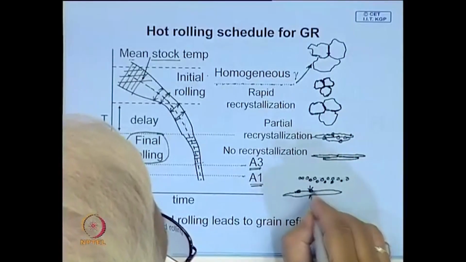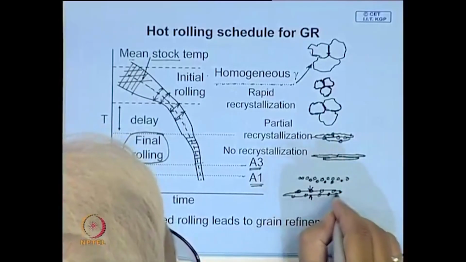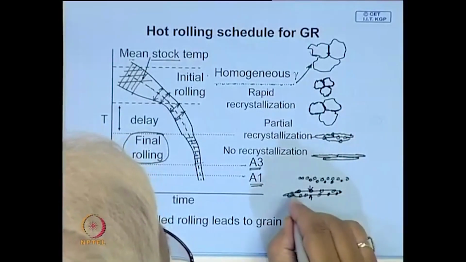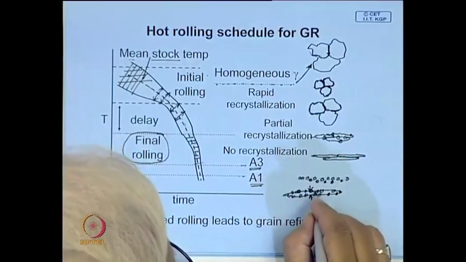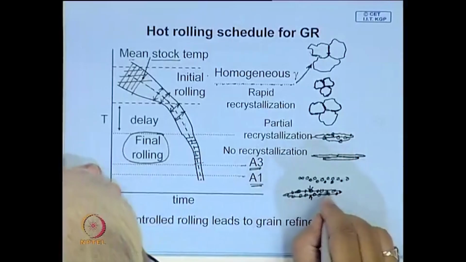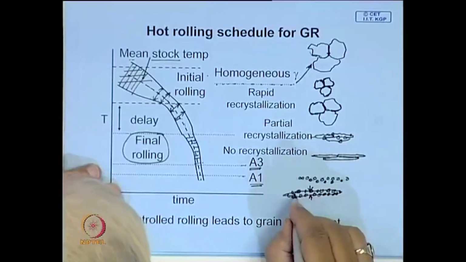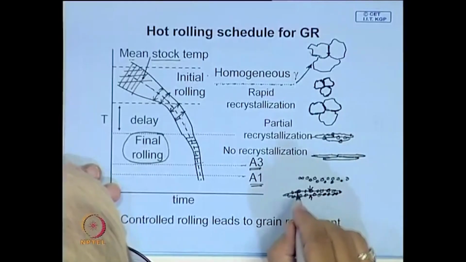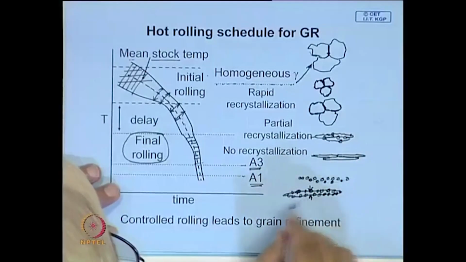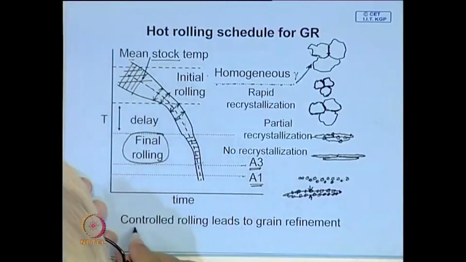So, therefore, you have a large number of these ferrite grains forming. If you have ferrite grains nucleating in such thin grains of austenite, the final ferritic grain size is expected to be extremely fine. So, this is the principle of controlled rolling.